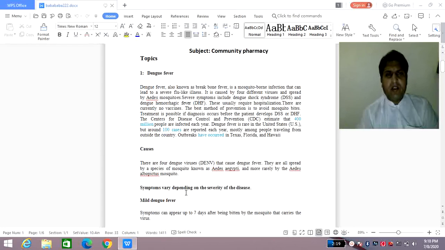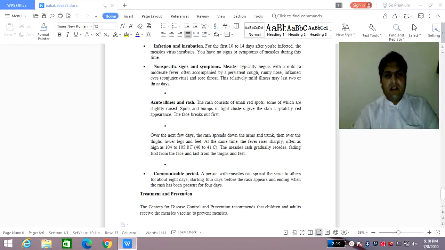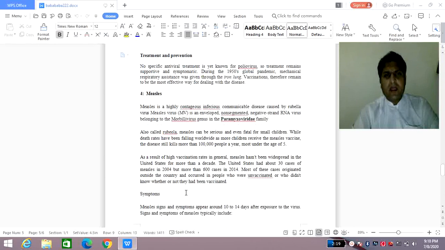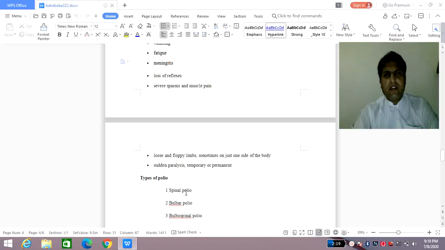This is a viral problem transferred by the Aedes mosquito, and dengue fever is not very lethal, anyhow, if not properly investigated it may lead to dengue shock syndrome or dengue hemorrhage, which is considered the severe form. We discussed the special signs and symptoms, and then the treatment of dengue fever.